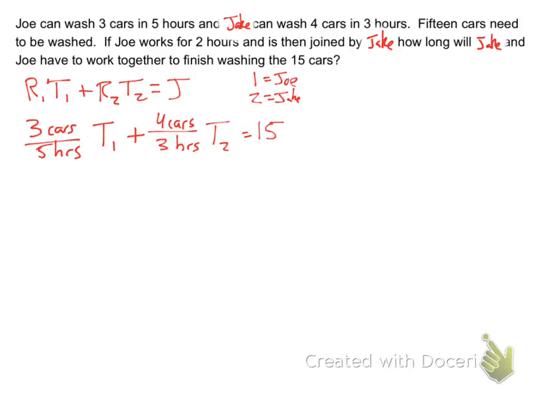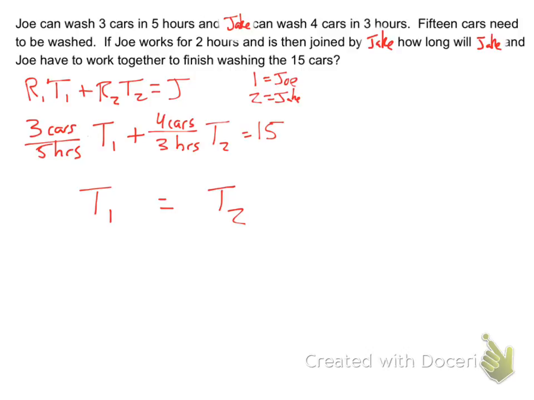So the question is, does T1 equal T2? Are their times exactly the same? Essentially, I'm asking, is their time together time? Or does someone have alone time before their together time?